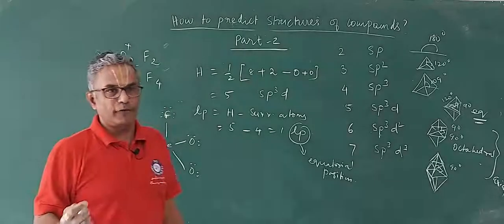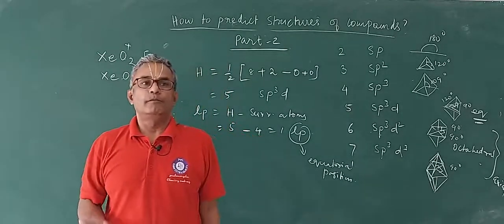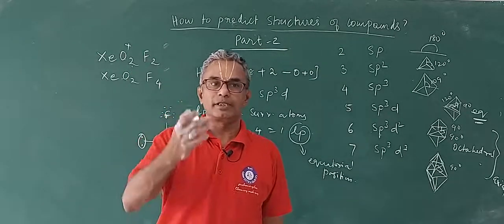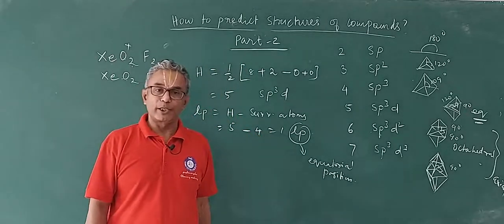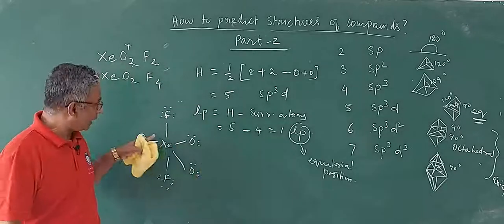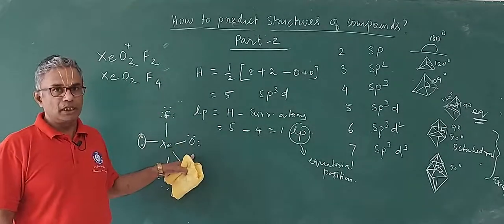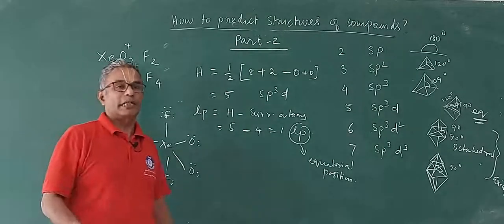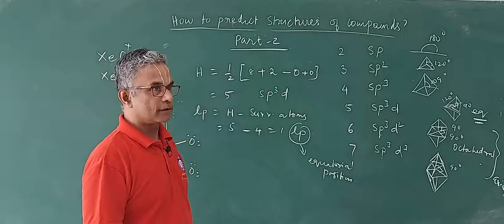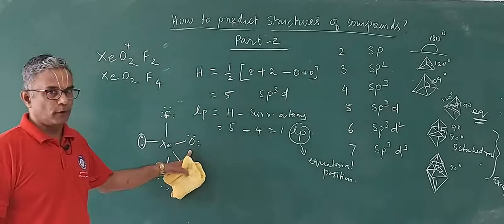If you are not very familiar with how to know which atom contains how many lone pairs, you can watch another video I have put up on the channel on how to find out the number of valence electrons and the number of lone pairs present on each atom.